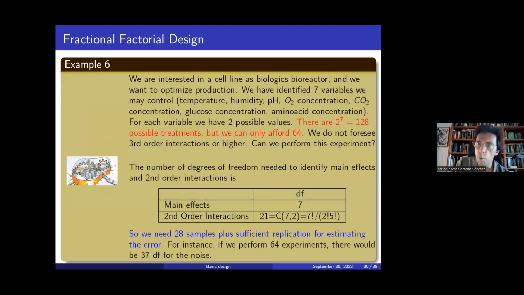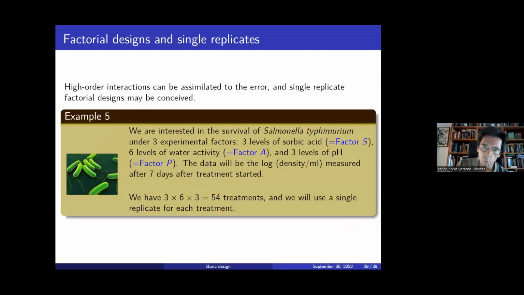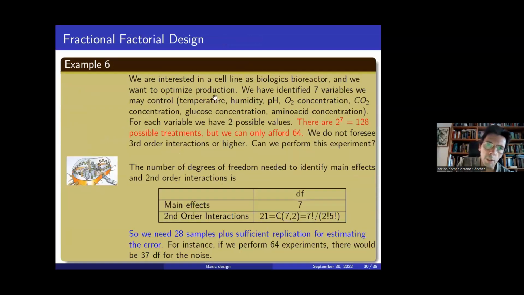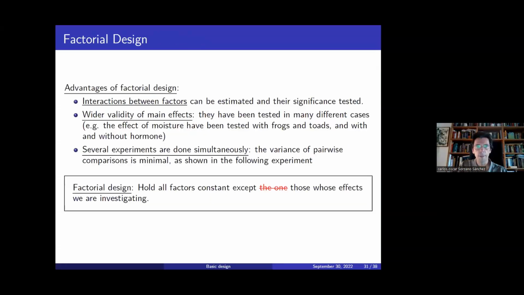So you don't have to do all possible combinations. So these factorial designs allow you to do experiments with only one replicate per combination, or not even doing all combinations. This is an incomplete or an imbalanced design that we mentioned before.